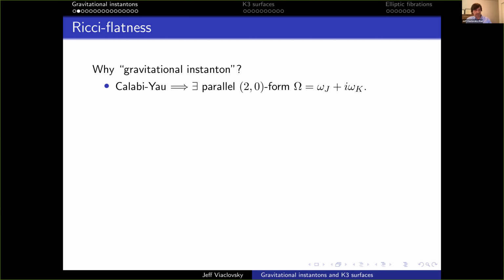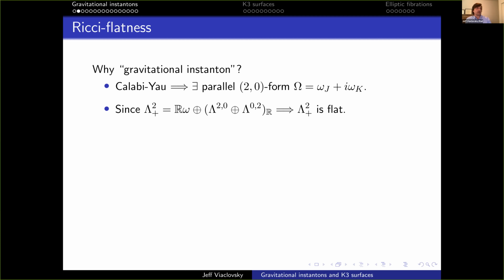My base complex structure is I here, and that Kähler form is omega without the subscript. Then the real bundle lambda 2 plus, the bundle of self-dual two forms, decomposes as multiples of the Kähler form plus the real part of the 2-0 form.